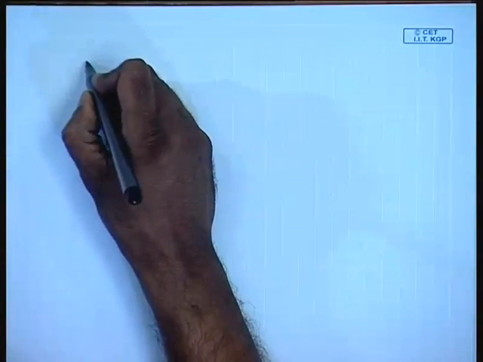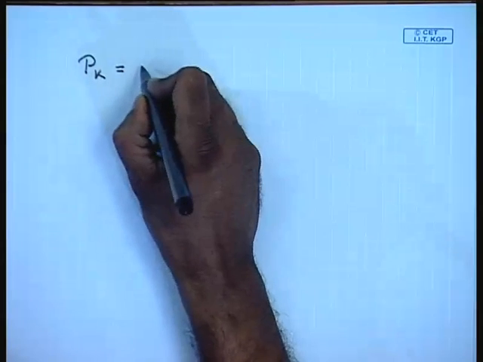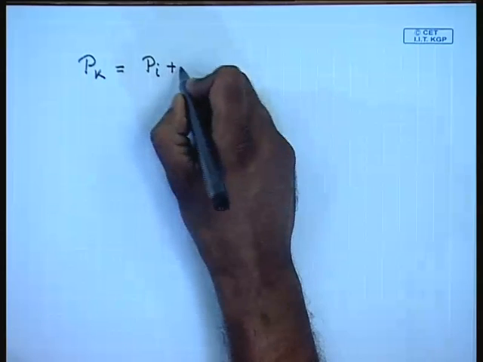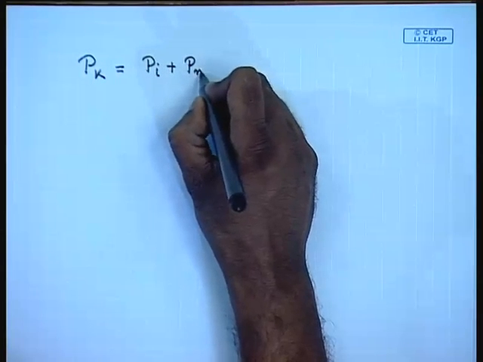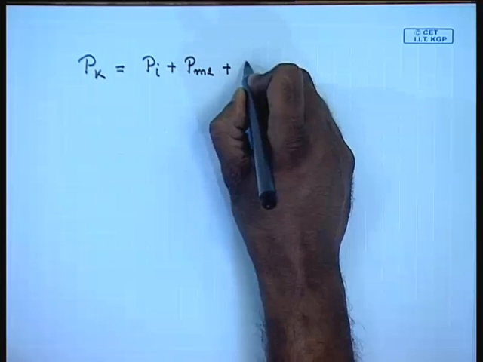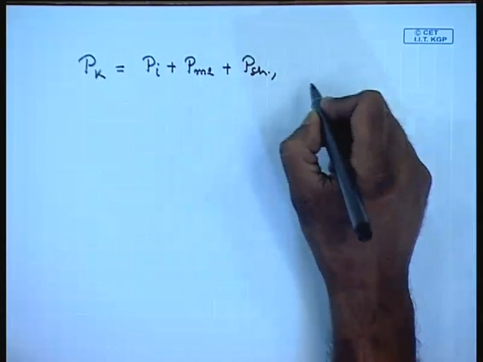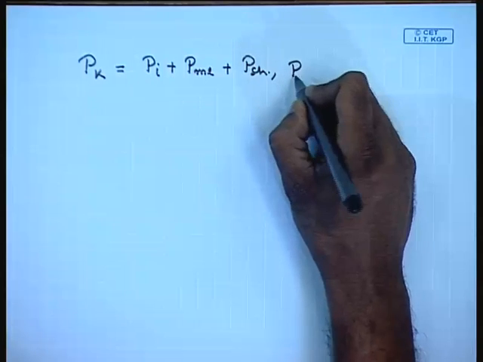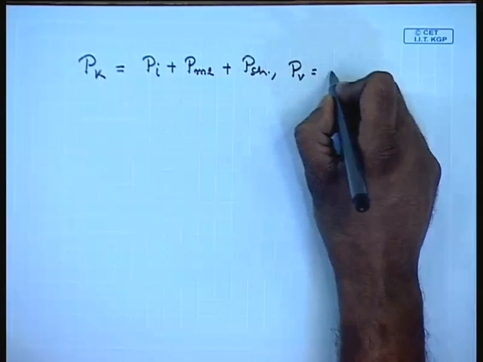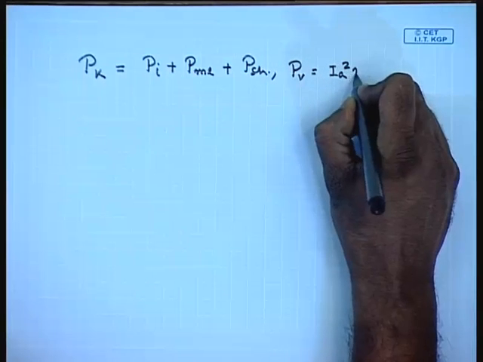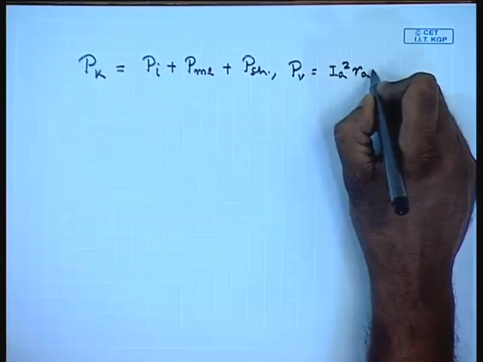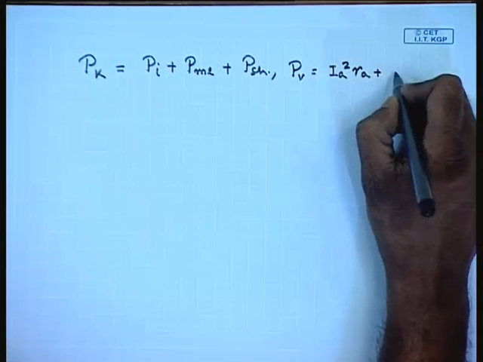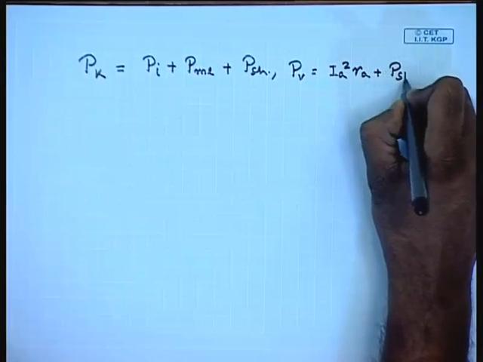So, in general, the fixed loss Pk of a DC machine consists of P iron plus P mechanical loss plus P shunt field loss, whereas the variable loss Pv is equal to Ia square Ra plus P stray.